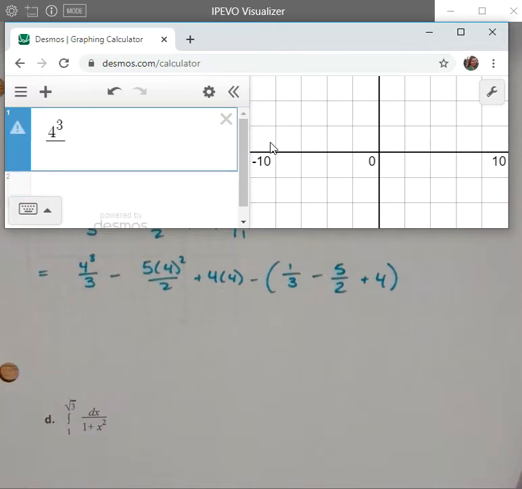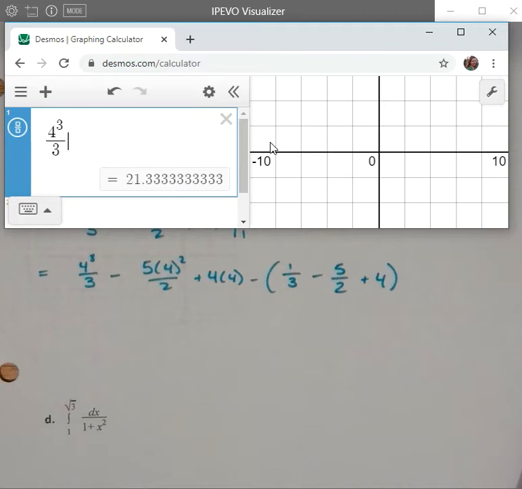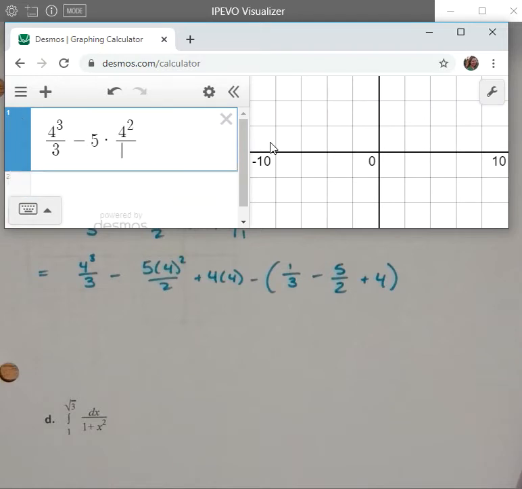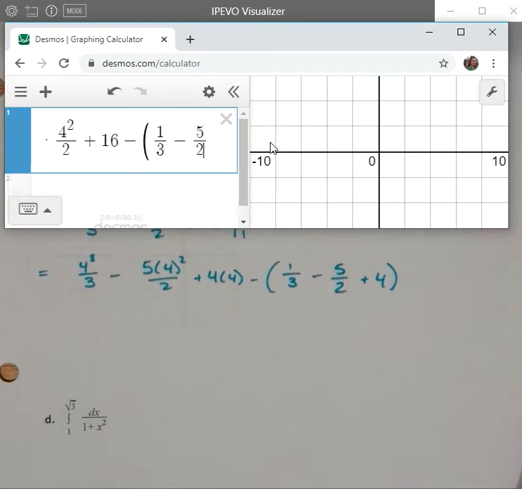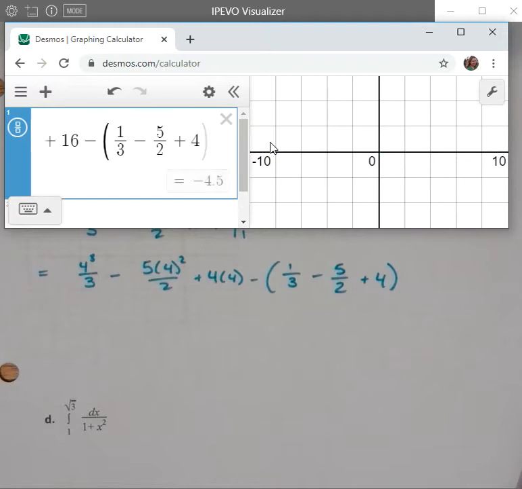So 4 cubed over 3 minus 5 times 4 squared over 2 plus 4 times 4 minus a third minus 5 halves and plus 4.